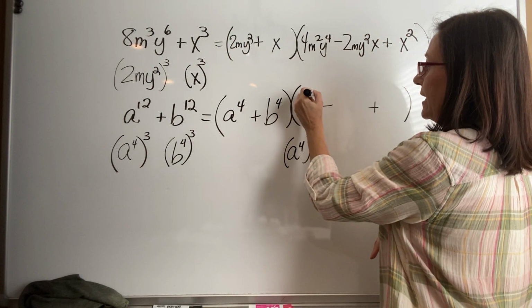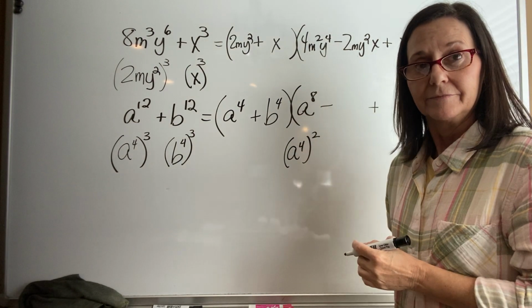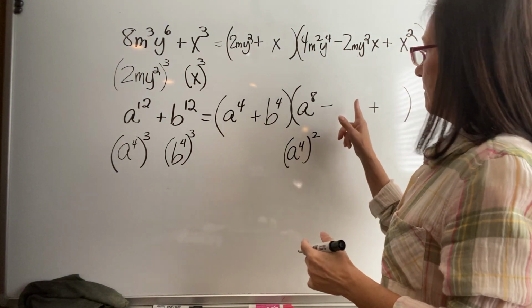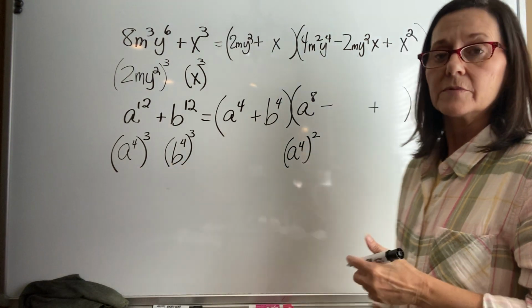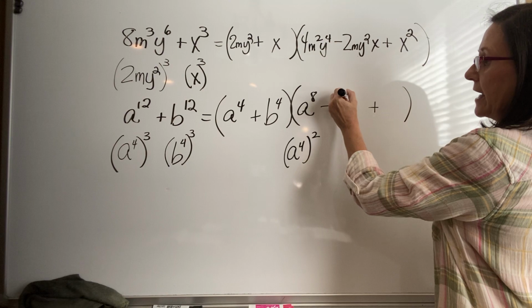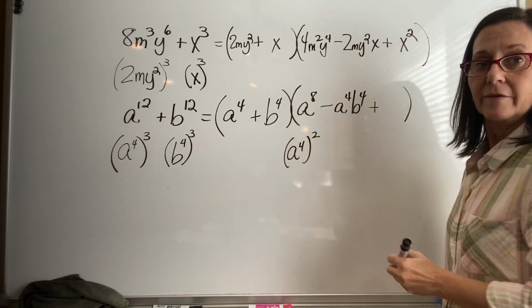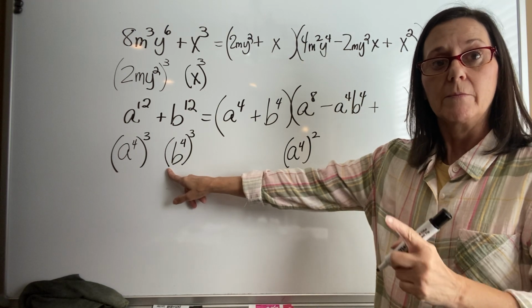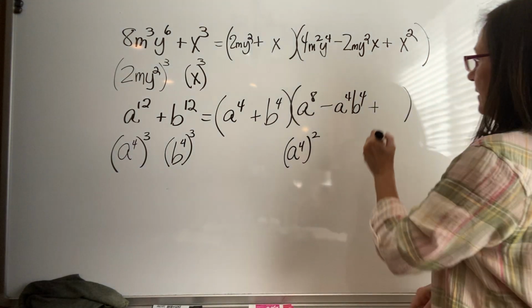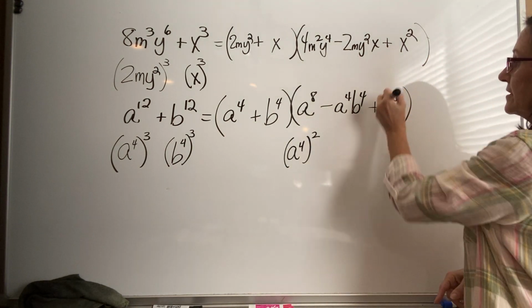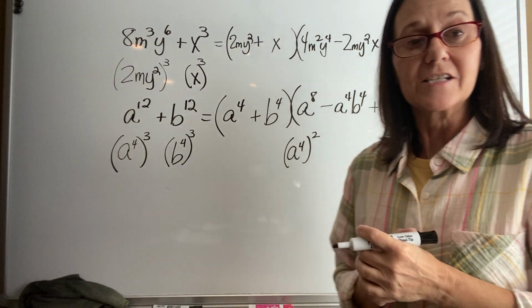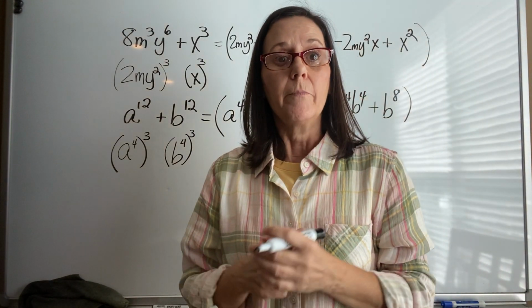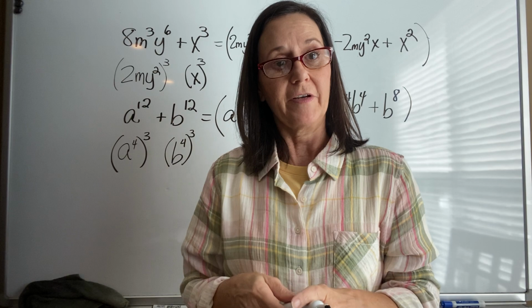So this is a to the 8th, 4 times 2. The middle term is those terms multiplied. So it's a to the fourth, b to the fourth. This last term is b to the fourth squared. So we multiply 4 times 2. So it's b to the 8th. And that is factoring sum and difference of perfect cubes.